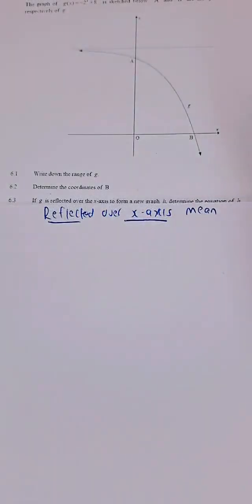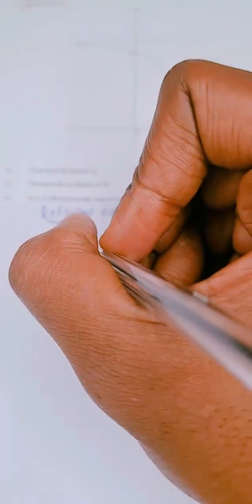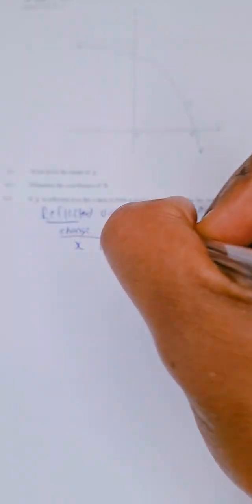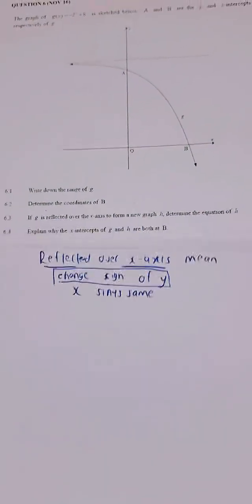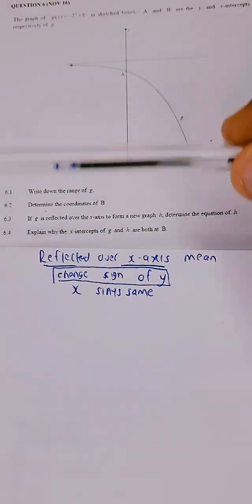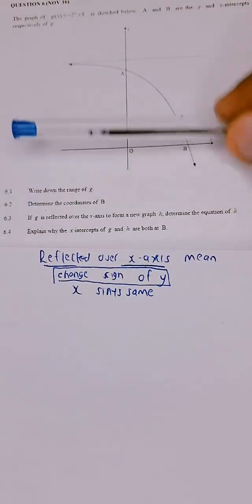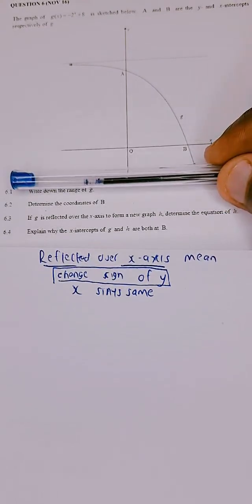Reflection over a particular axis means we change the sign of y, x stays the same. That makes sense because the x-axis, if something was here, it was a certain distance away from here.